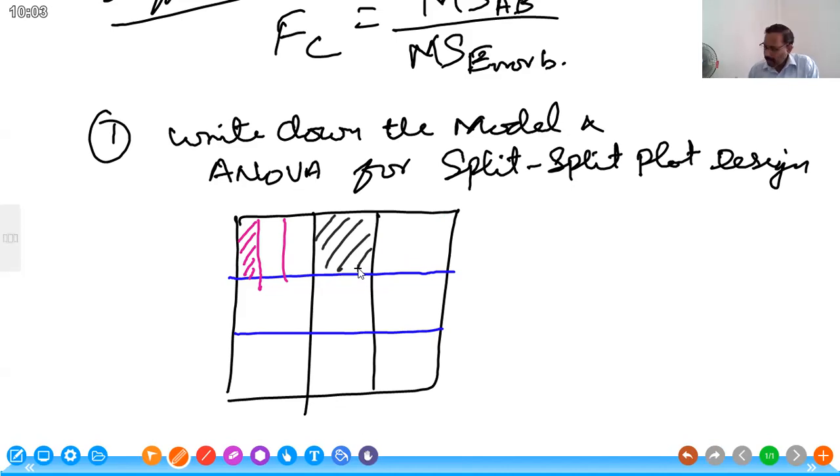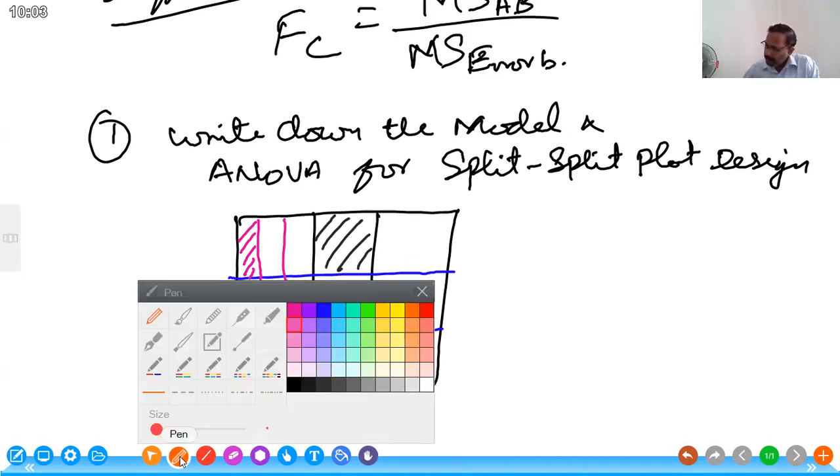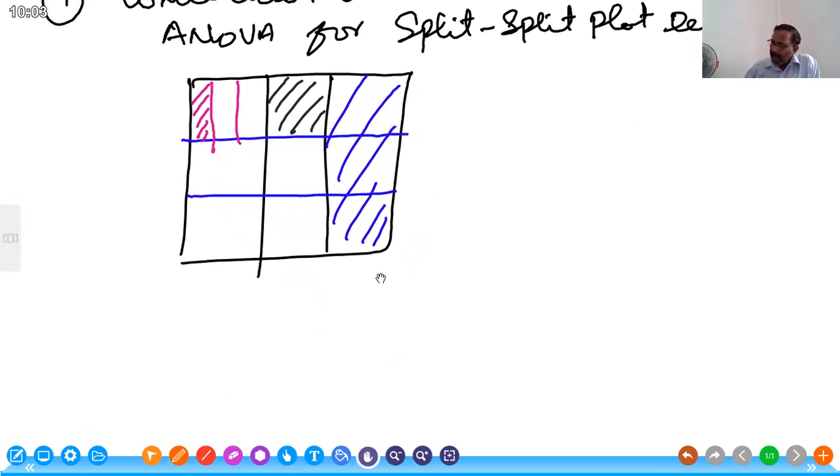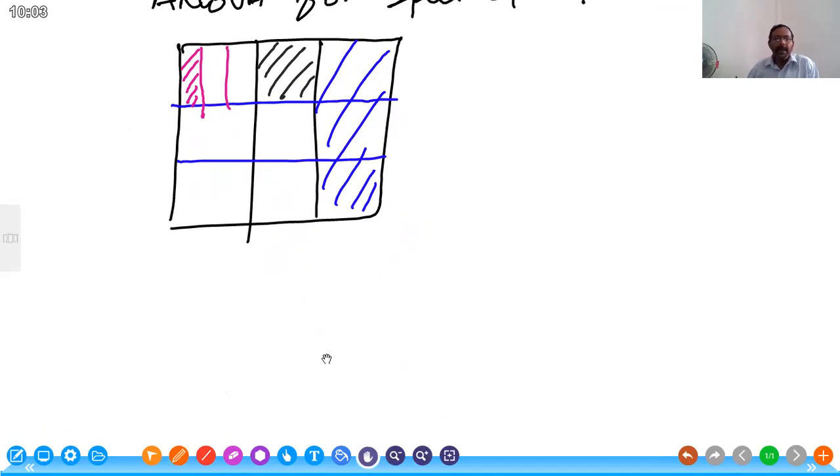The third plot size is, for example, this one. I have used different colors, it doesn't matter. The blue color is the main plot, black color is a subplot, the pink color is a subplot. So this is called split plot design. We have to give the model and the ANOVA.